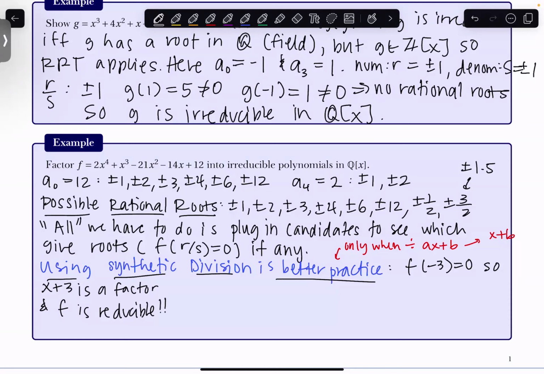Right, so we're going to use our synthetic division here. And so we're going to take our polynomial f. We're going to take our coefficients. And we do want to have placeholders anytime we don't have one of our terms showing up or when one of the coefficients is equal to 0. But it looks like here we're not missing any. So all I'm going to keep track of is my coefficients attached to all of these, and I'm going to put them in the same order. So I'm going to have +2, 1, -21, -14, and 12.